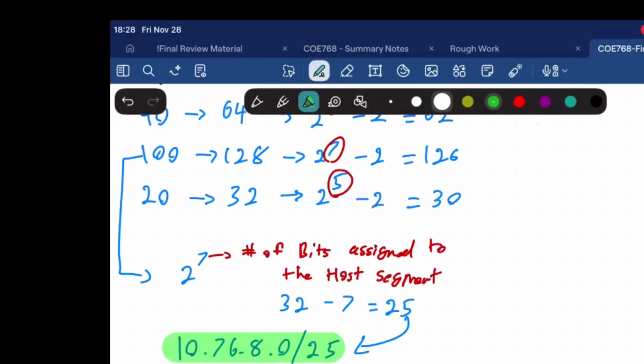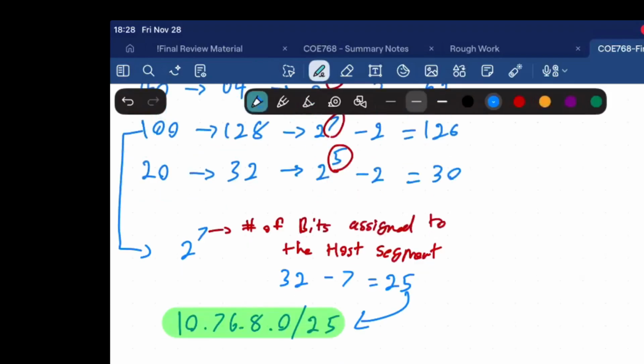Just something I like to do as well, given what we have designed, is to add the range of IP addresses that we would be able to assign given this specific network address. So the range for this subnet, we start from 10.76.8.0, going all the way up to 10.76.8.127.